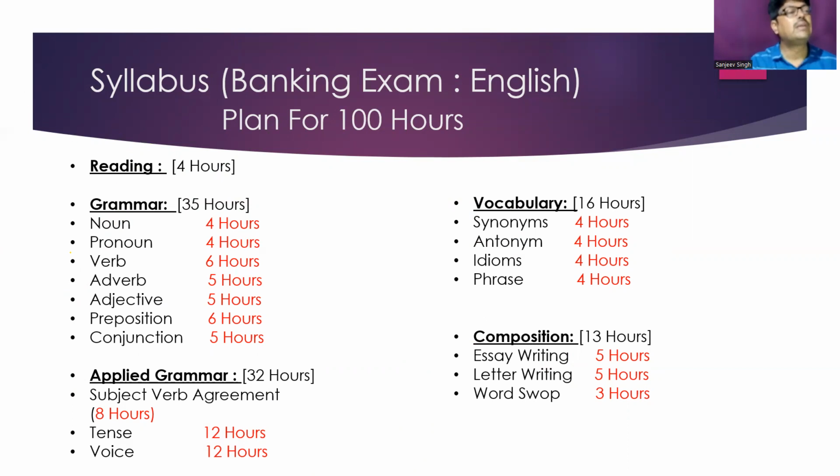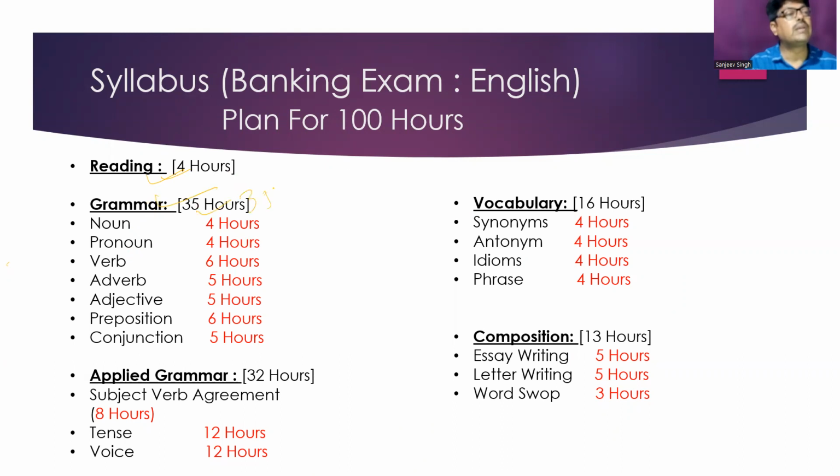First, I would tell you about the reading section, and it will take around 44 hours. The grammar section, if I add the sum of all those classes, would take 35 hours.